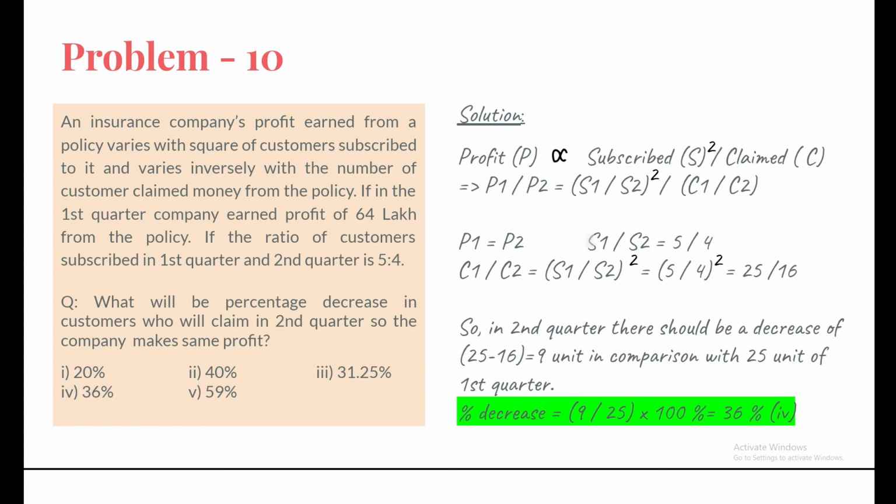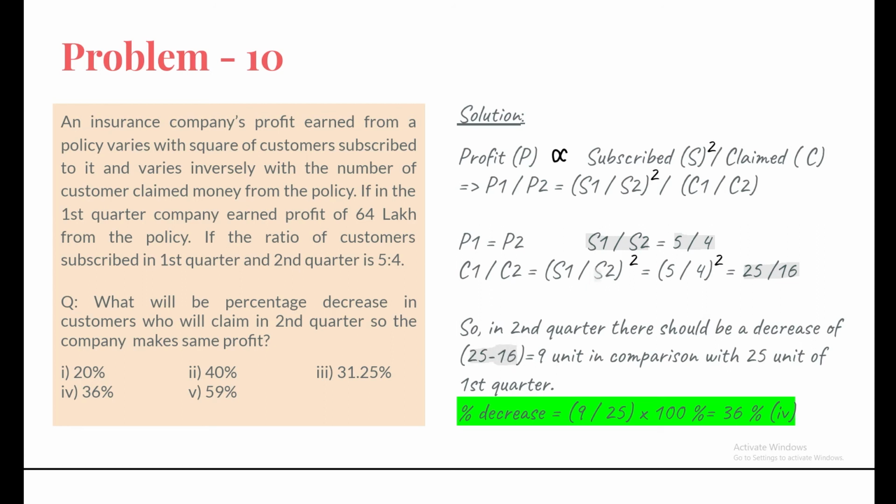Now in the question the value of S1 by S2 is already given, and that is 5:4. So C1 by C2 will be (S1 by S2) square, that is (5/4) square. That means 25 by 16. So in second quarter there should be a decrease of 25 minus 16.